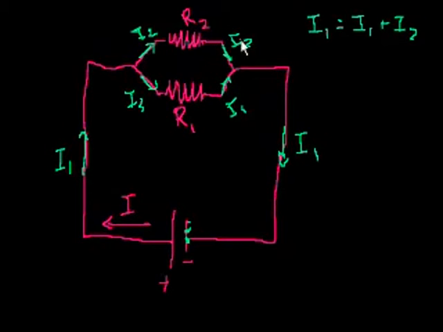In a given second, if this is 5 coulombs per second, I'm just making up numbers, and this is 6 coulombs per second, then right here you're going to have 5 coulombs coming from this branch and 6 coulombs coming from this branch.